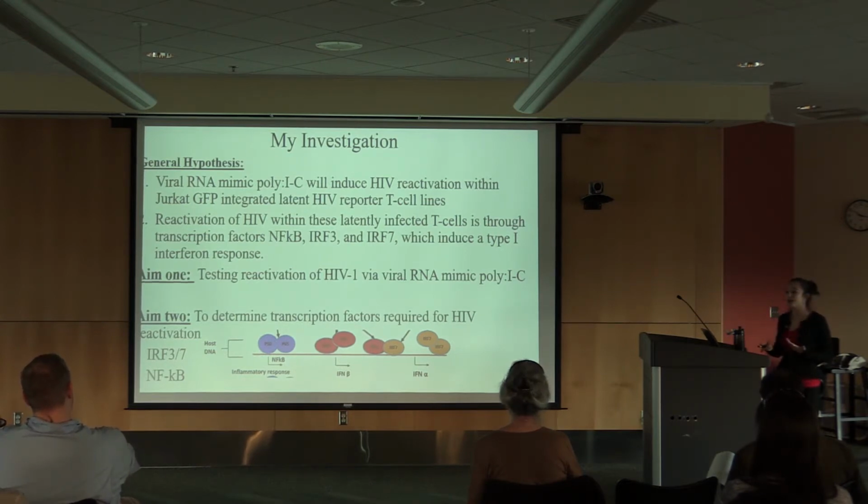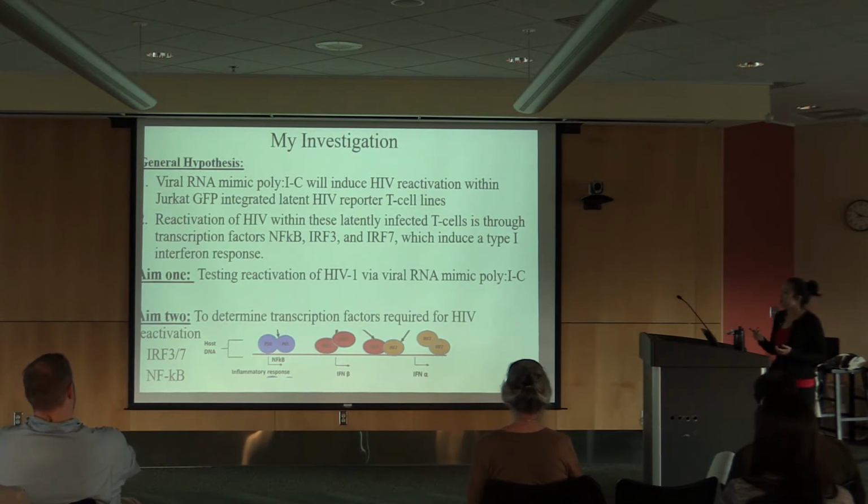And what I mean by that is that IRF3 particularly will activate interferon beta, and then IRF7 will activate interferon alpha, which further initiates an immune response to an infection and wakes up those hidden cells.